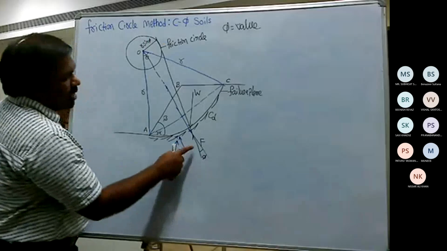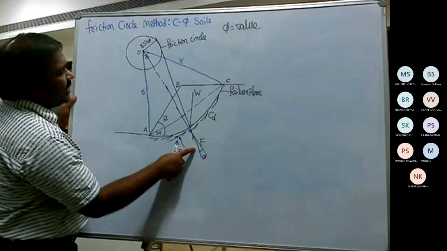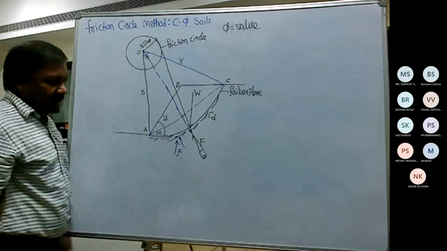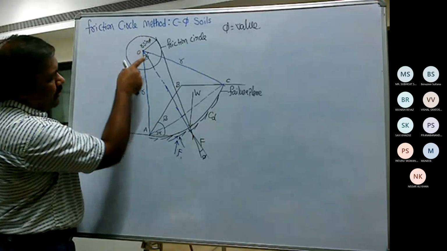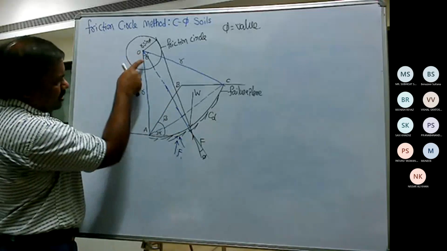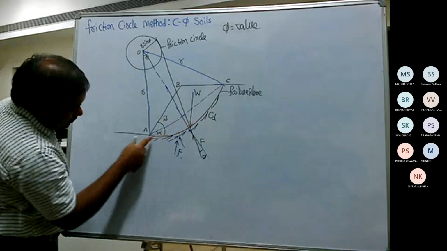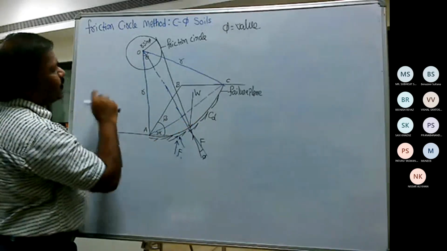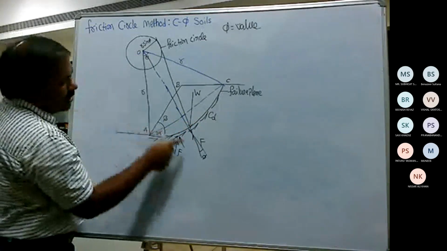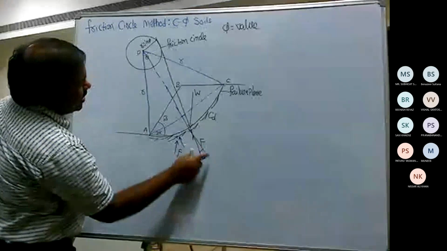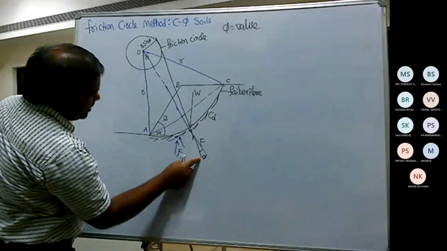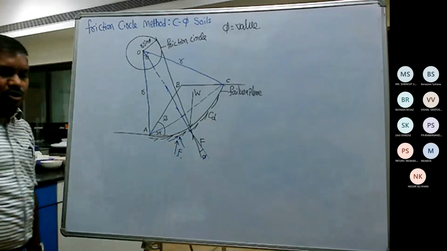So first, the line of action of the resultant is a tangent to the friction circle. Then again, suppose I draw a line normal to the failure plane through the center of the circle. The difference in angle between the normal line and the resultant line is approximately phi.